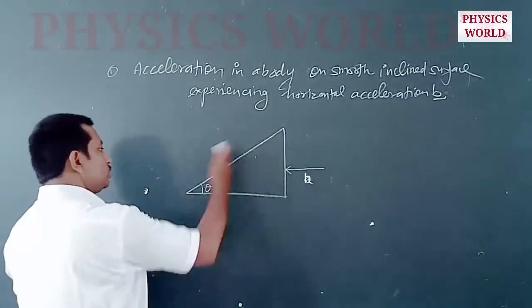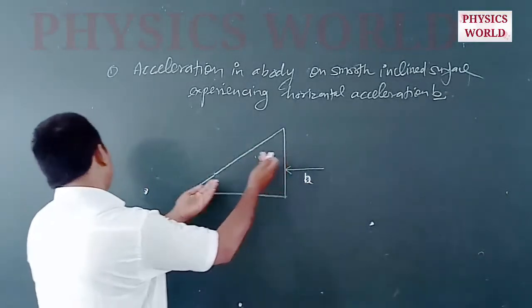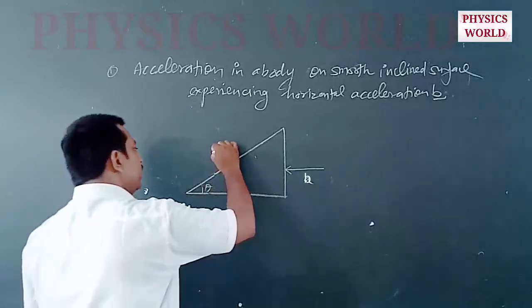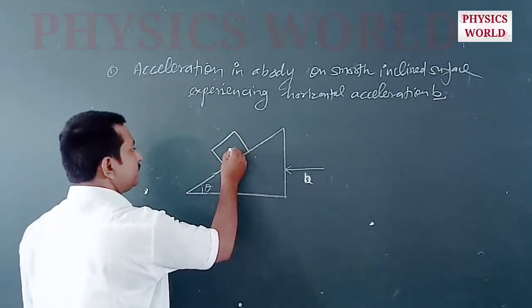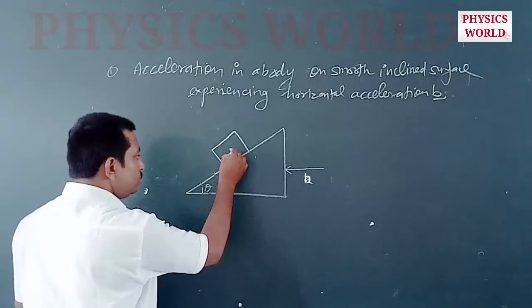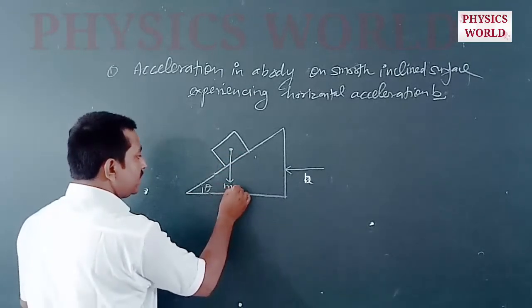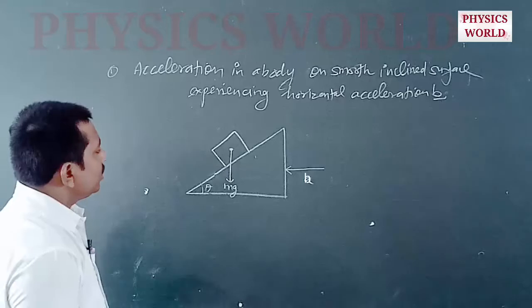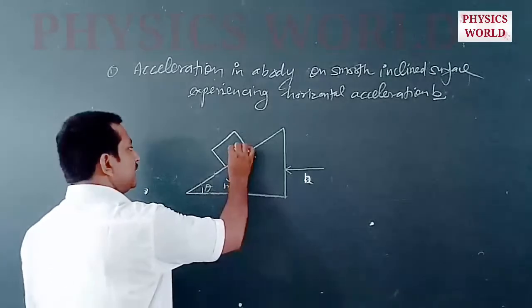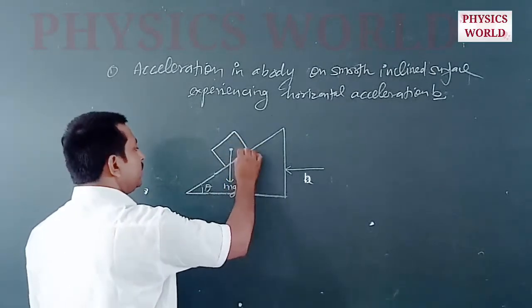Then if this total system of the plane is moving in this direction, and if we assume that there is a body of mass m placed on this surface whose weight is mg, then what will be the normal reaction acting on this body?